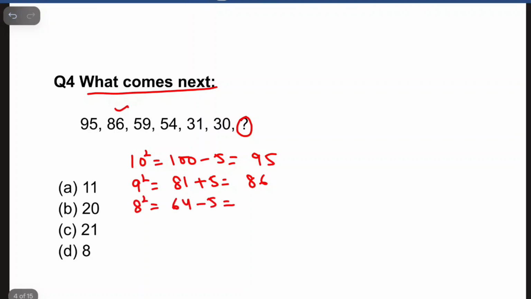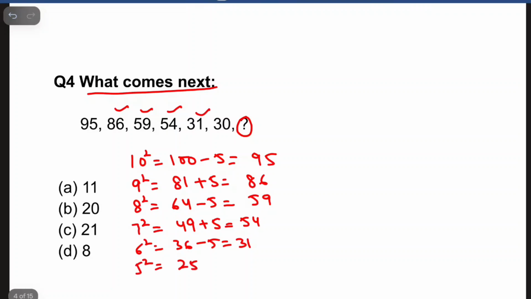If we subtract 5, we get 59. 7 square is 49. If we add 5, we get 54. 6 square is 36. If we subtract 5, we get 31. 5 square is 25. Now if we add 5, we get 30.